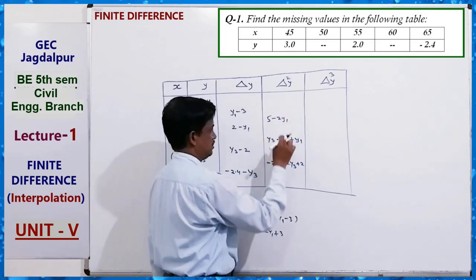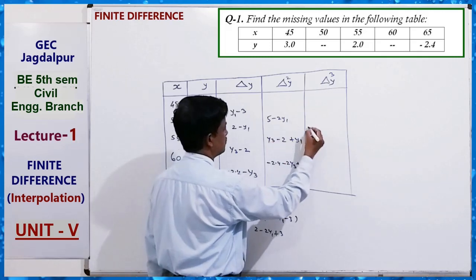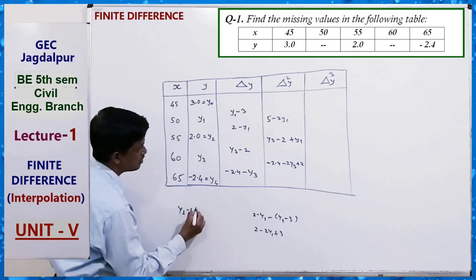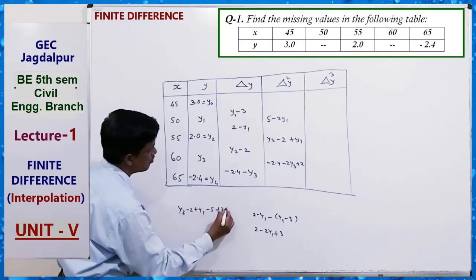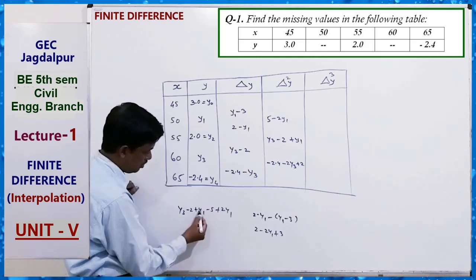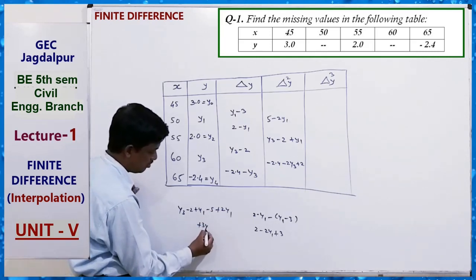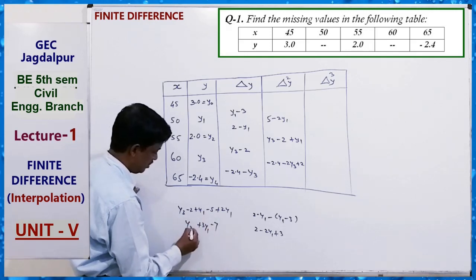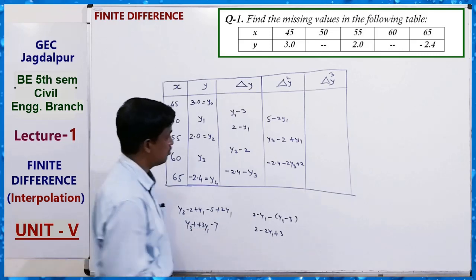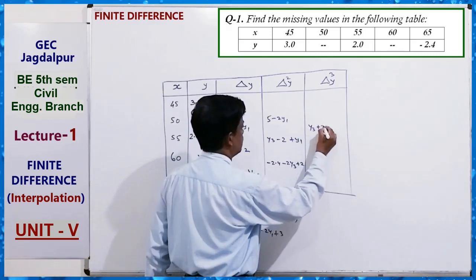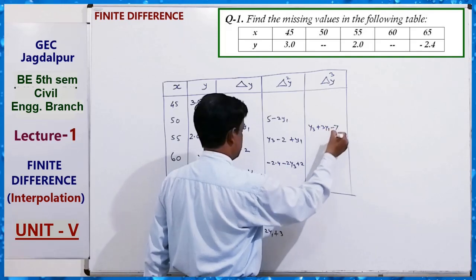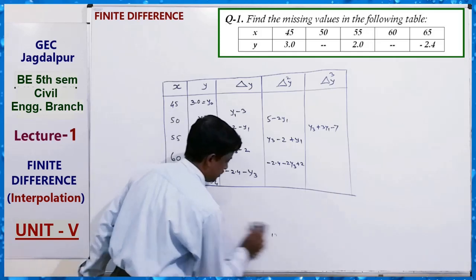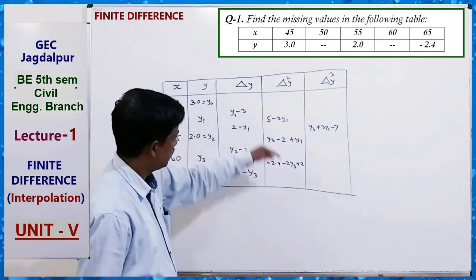So y3 minus 2 plus y1 minus 5 plus 2y1, giving y3 plus 3y1 minus 7. Where does this come from?